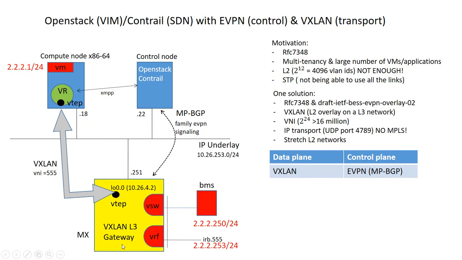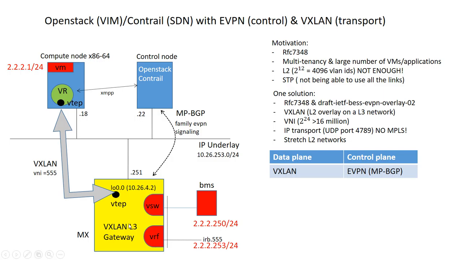What does that mean? That means that MX has the capability to route between different VXLAN networks. Although I'm not depicting here a second or third VXLAN network, the MX ASIC has this capability.